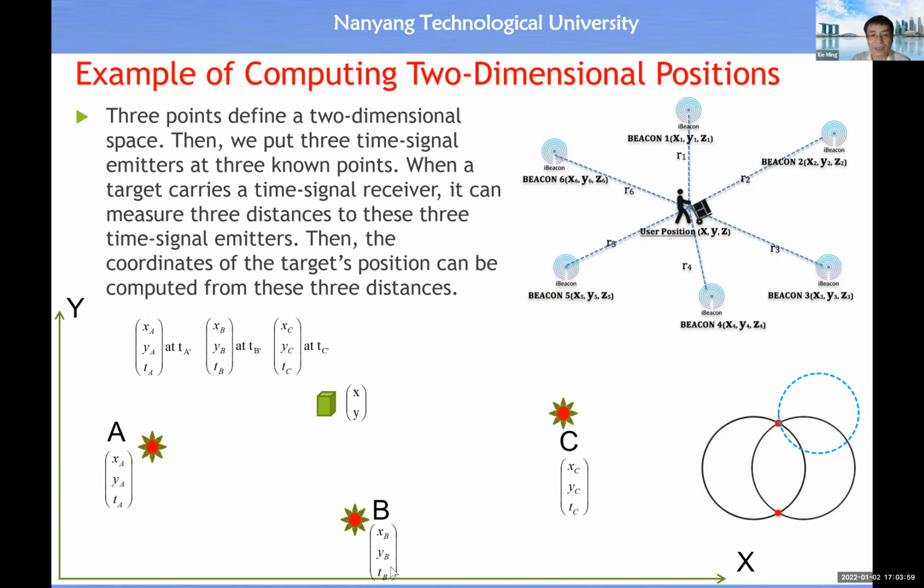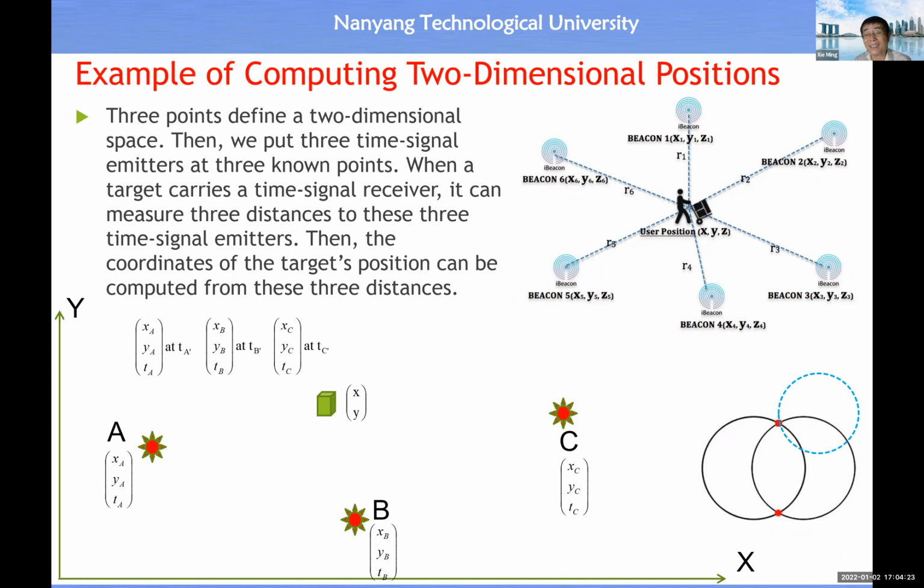Then the receiver will receive this information plus the receiving time, because inside the receiver there's also an atomic clock, okay? Because they are running at the same time, therefore we will know the receiving time. Then we will know what the distance is, all right?